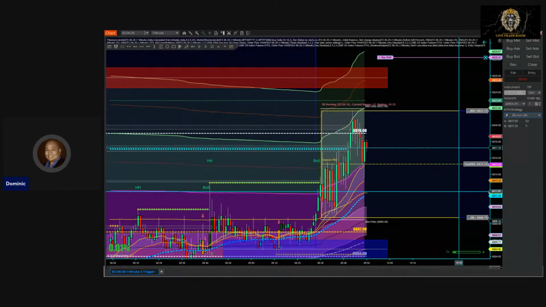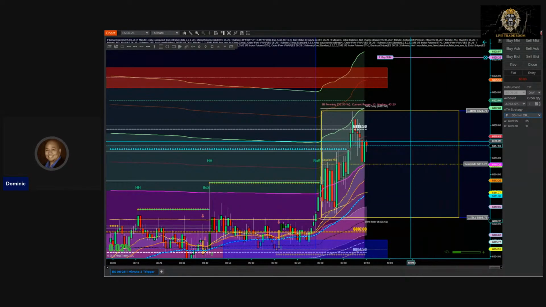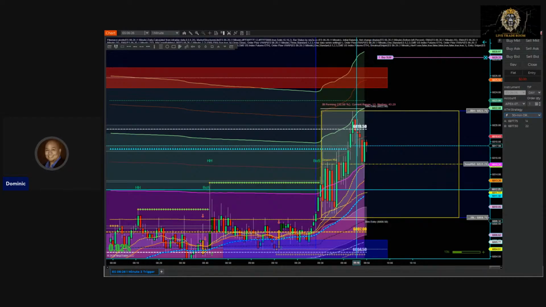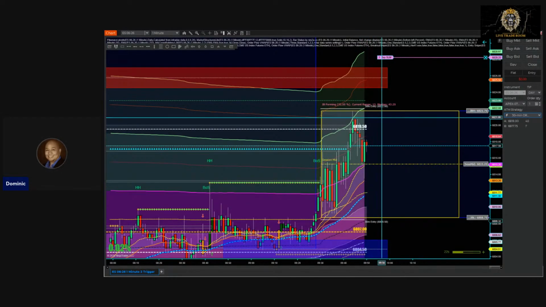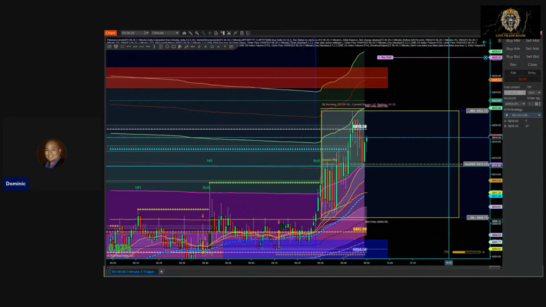So there's one of the strategies that I trade. It's a one and done trade. Well, I kind of twist it, so I know where this is right now. We're above the +2 here. If it does reach up here, that'd be good.